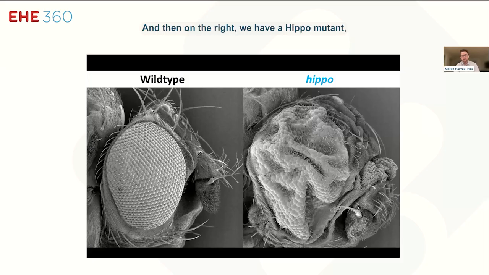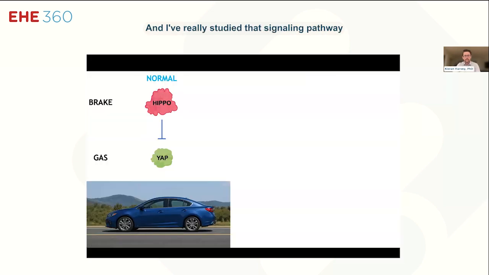And then on the right, we have a Hippo mutant, which has all of this excess tissue growth because the cells grow and divide in an uncontrolled fashion, and then they don't die when they should, similar to what happens in a cancer. And we also found that some of these founding members were actually mutated in cancer. So that was the first evidence that this pathway is important for human cancer. And I've really studied that signaling pathway in my lab ever since.